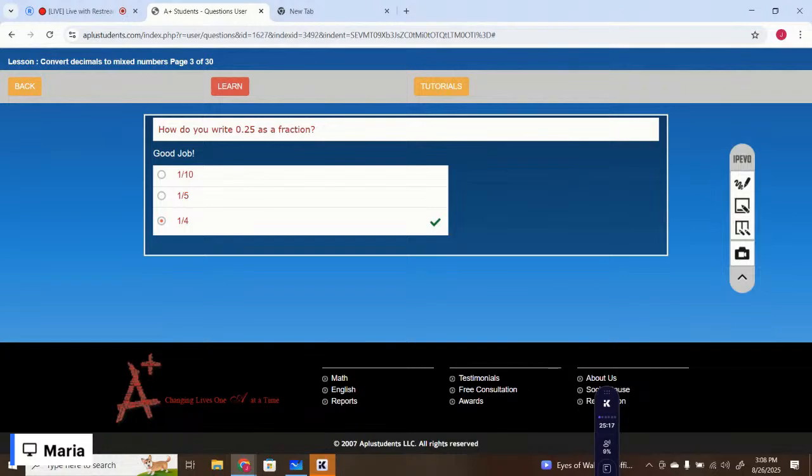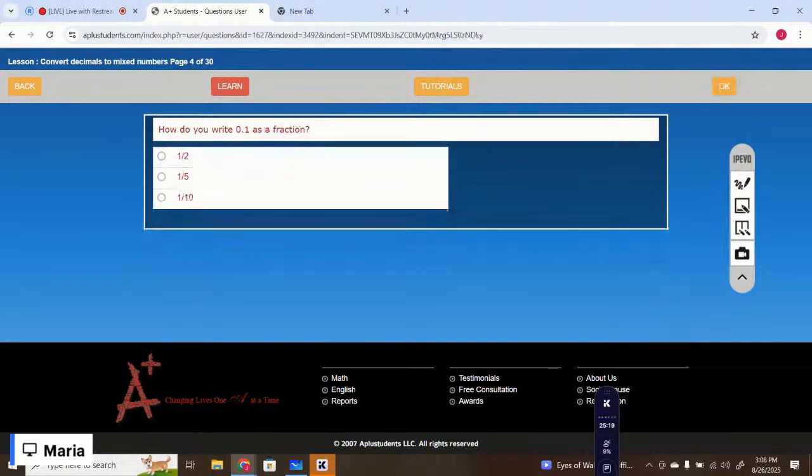Okay, the next one is how do you write 0.1 as a fraction?